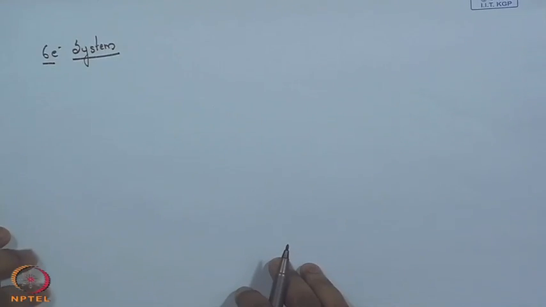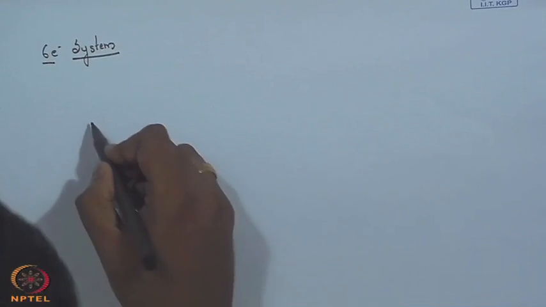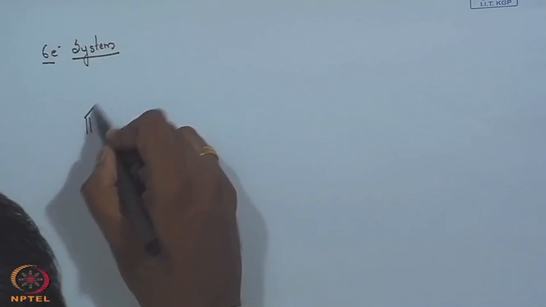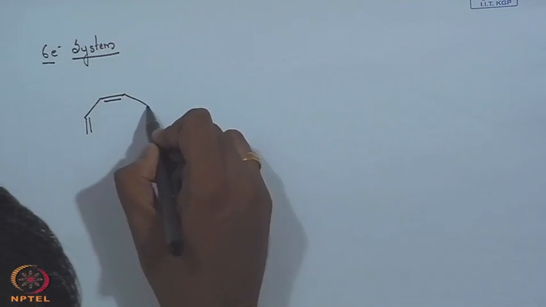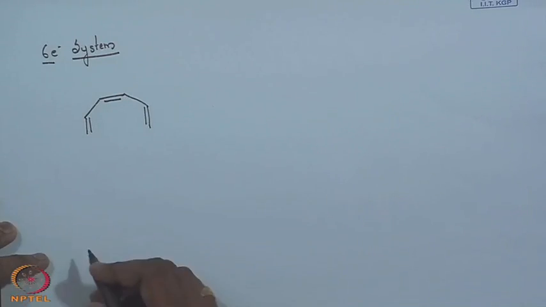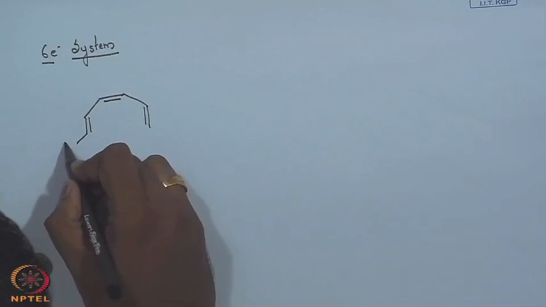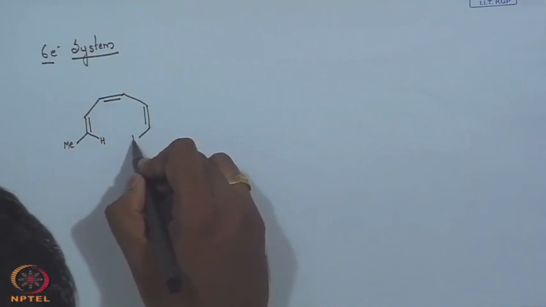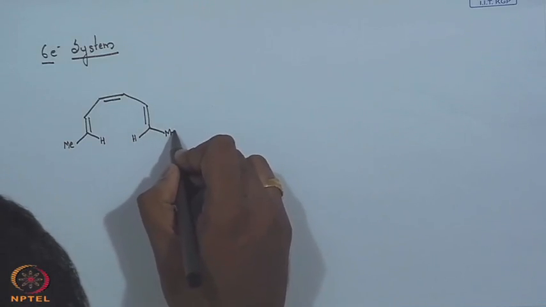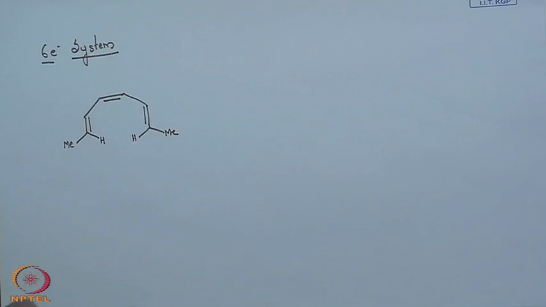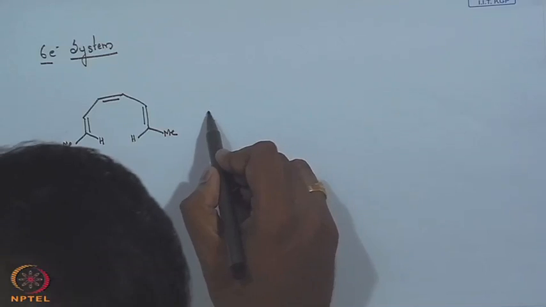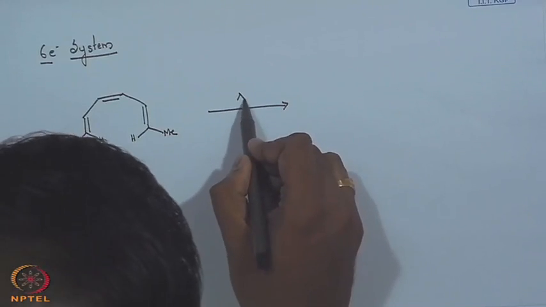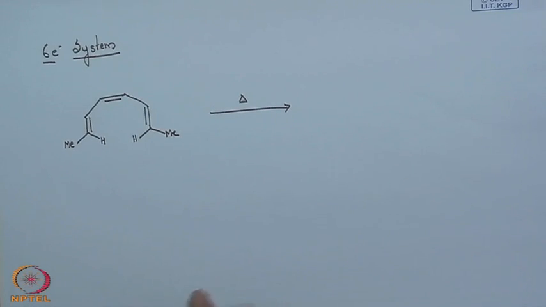So, we are taking a 6 electron system. I have a methyl here and hydrogen. So, I have a triene. Now I do the thermolysis of this starting material.